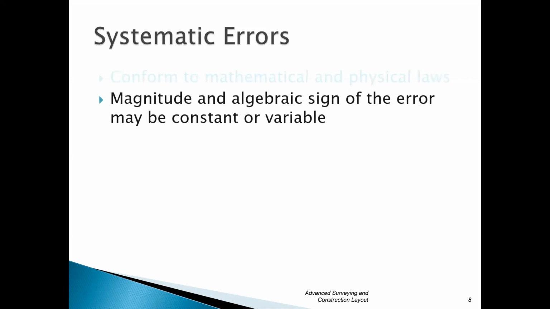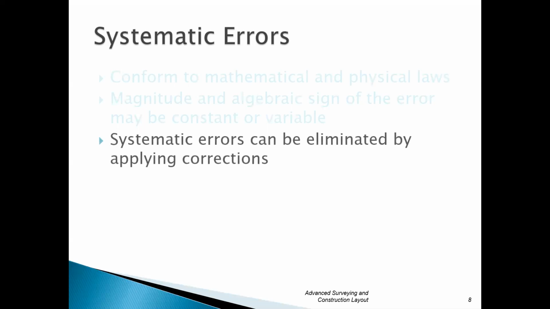The magnitude and the algebraic sign of the error will be constant or variable, but we can predict both of those, and therefore we can get rid of it. Again, if you measure the thing that's causing the error, you can use that to apply a correction.